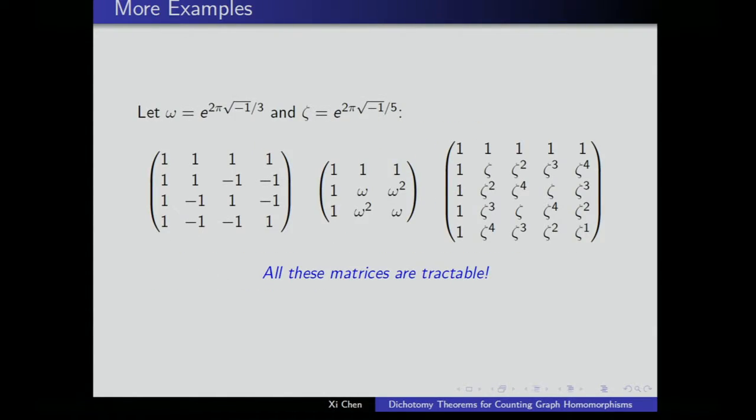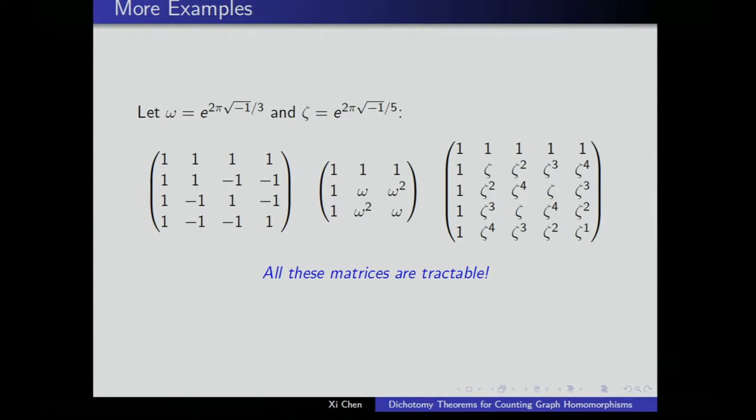And in general, if you allow weights like roots of unity, then we would get interesting matrices like this. And we want to know how difficult these matrices are. Just a heads up, it turns out that all these matrices are tractable, and we'll see what the algorithm behind all these tractable cases is in a few slides.